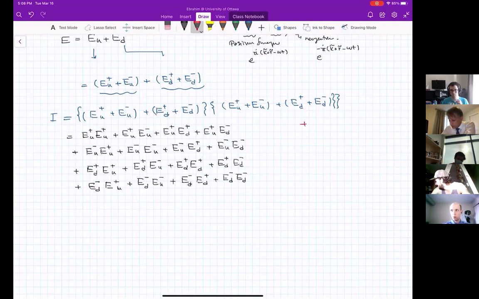Positive superscript goes with e to the power of minus i omega t, and negative superscript goes with e to the power of i omega t. Agreed? All right. What is the result of this? Is it a function of time?